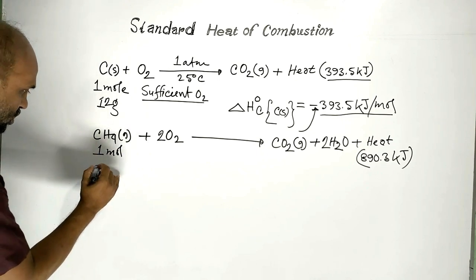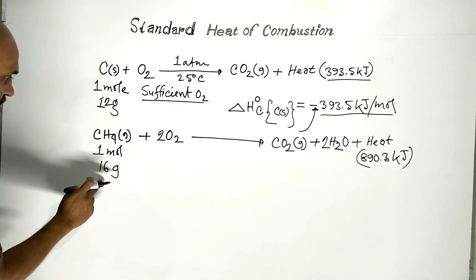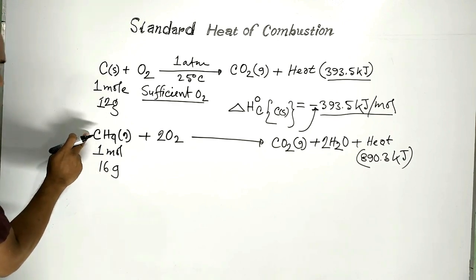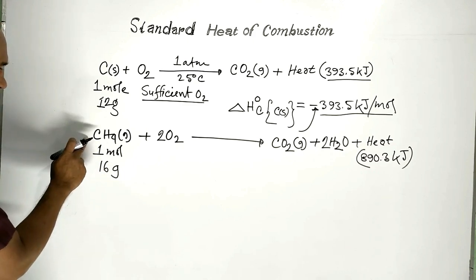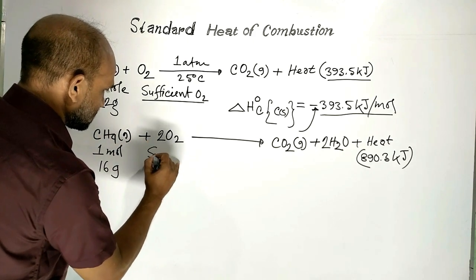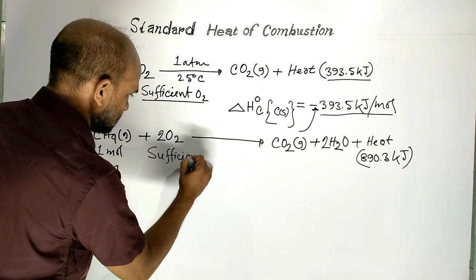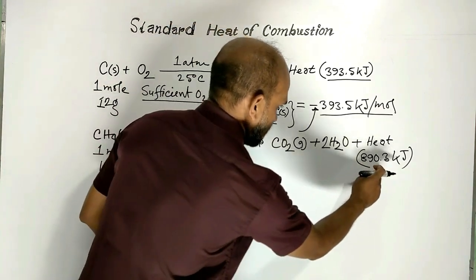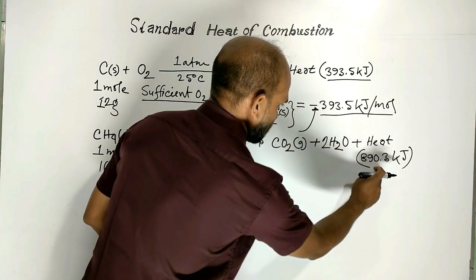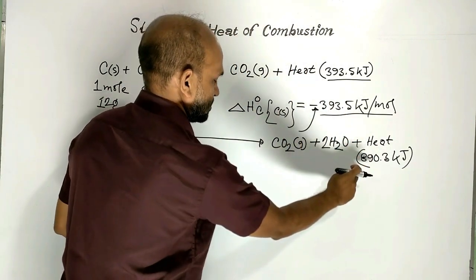So here, 1 mole methane, 1 mole means 16 gram methane. Gram molecular mass of methane is 16 gram. That is, when 16 gram of methane is burnt in presence of sufficient amount of oxygen, then the amount of heat released to the surroundings is called heat of combustion.